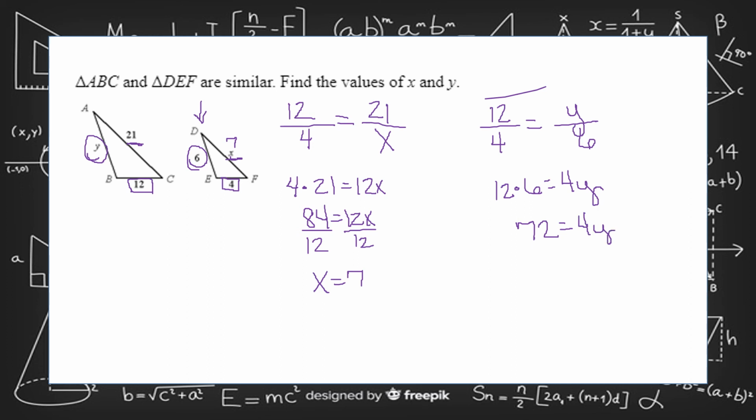Then I need the 4 away from the y because it's being multiplied. I need to divide to get rid of it. Four goes into 72 18 times. So I've now found the values of x and y.